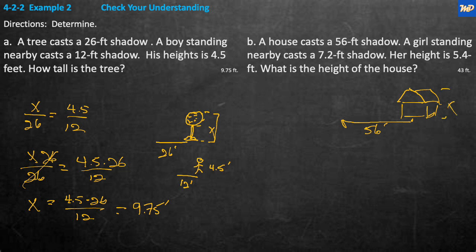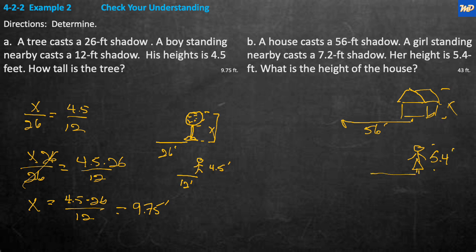Okay? Now, it says a girl that's 5.4 feet, so I have a little lady here. Okay, I'll put a dress on her. Now she is 5 feet 4 inches tall. Oh, not that, 5.4 feet. 5.4 feet tall.